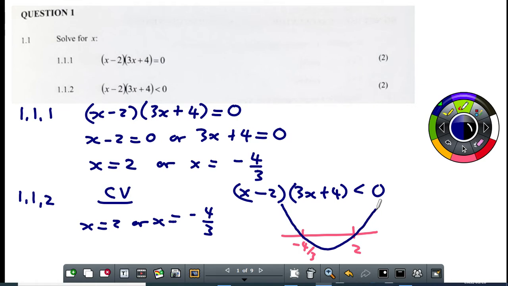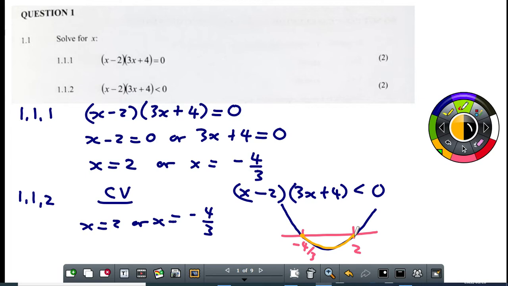Now, because the trinomial that you get here is less than 0, we are talking about the region from here all the way up to there. It's less than 0, so we are talking about below the x-axis. I hope you understand what I'm talking about.